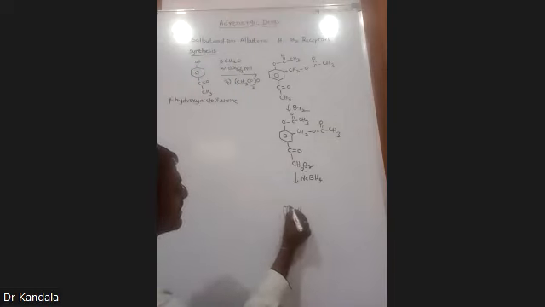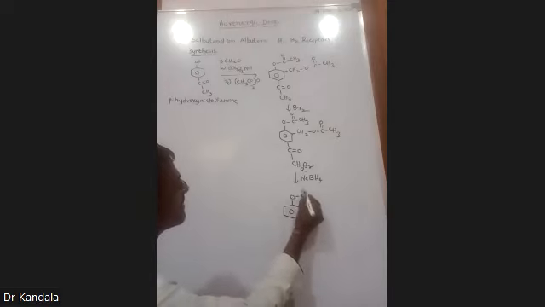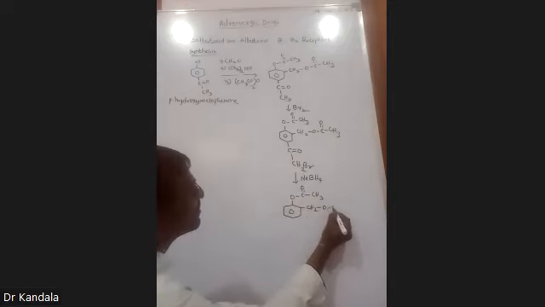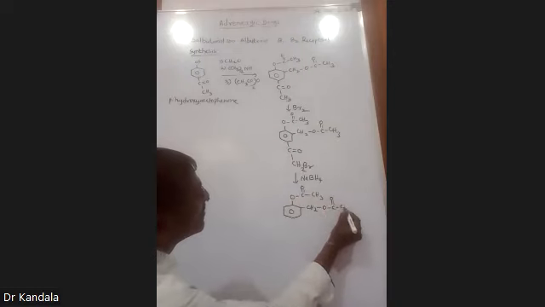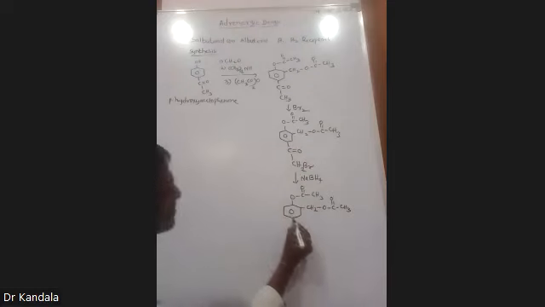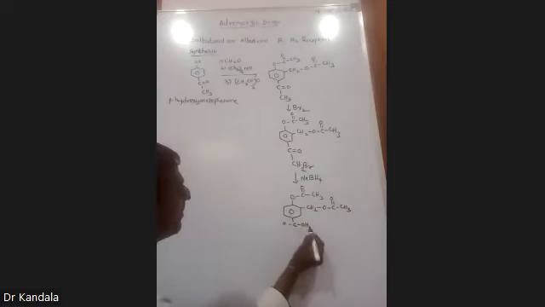Therefore, the resultant product has the acetyl groups unchanged, nothing will happen there, and this carbonyl becomes a secondary alcohol, keeping CH2Br as usual.